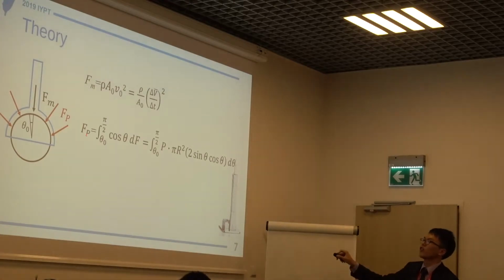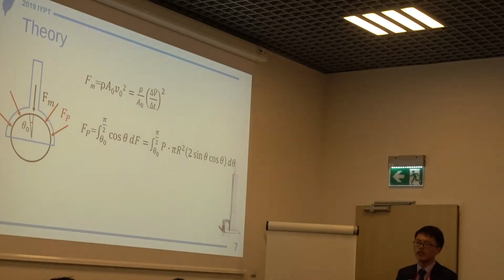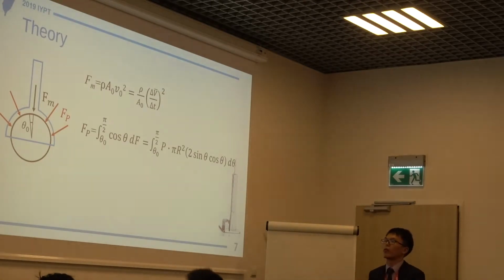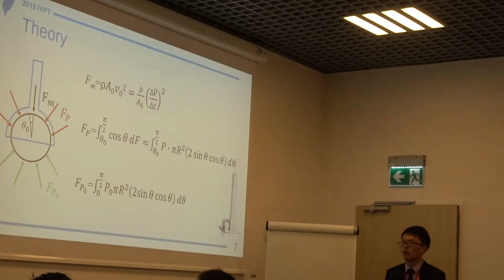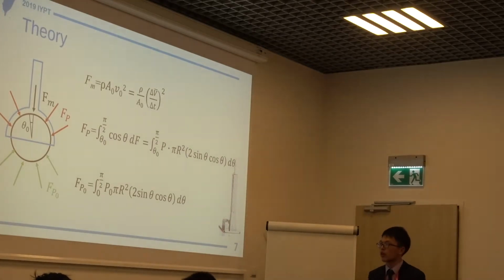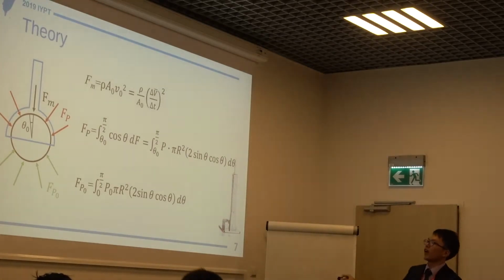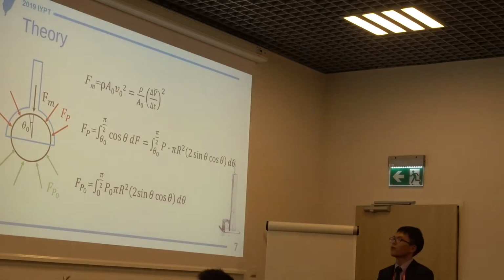The reason why we integrate over delta rho is that in the area between 0 and delta rho, most of the force will be caused by the impact force instead of the pressure force inside the funnel. And also FP0 will be affected by the atmospheric pressure outside the funnel. And these three forces act on the light bulb.